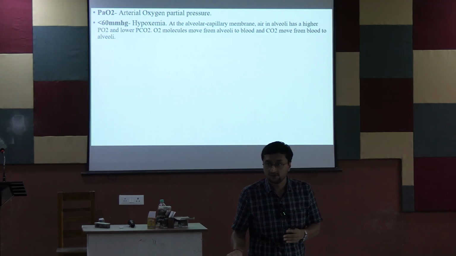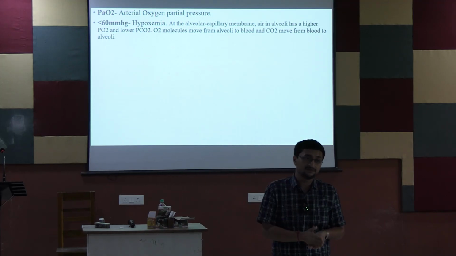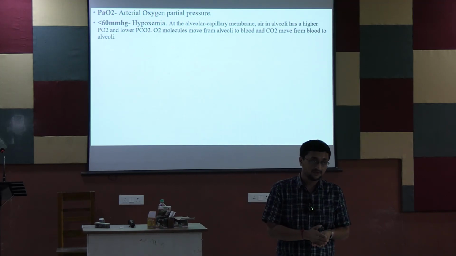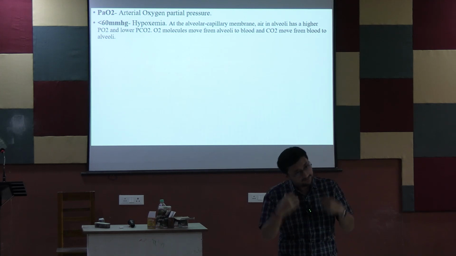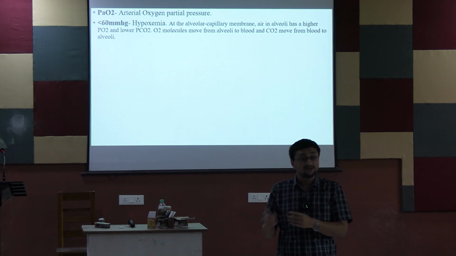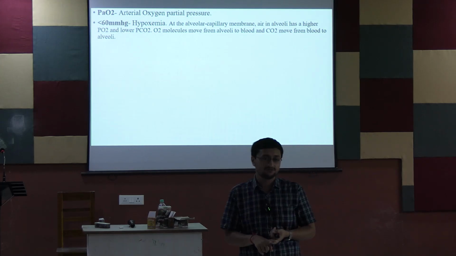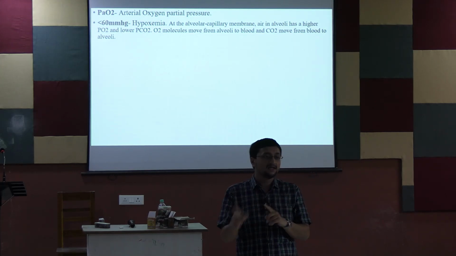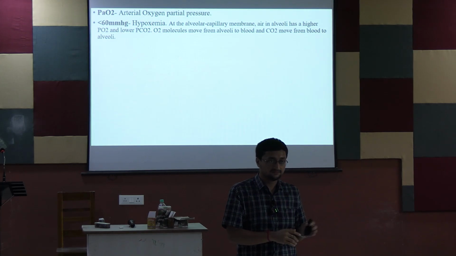Morphine overdose, there is respiratory depression, but AA gradient will be normal. This is a very important MCQ also. Normal AA gradient and increased AA gradient.